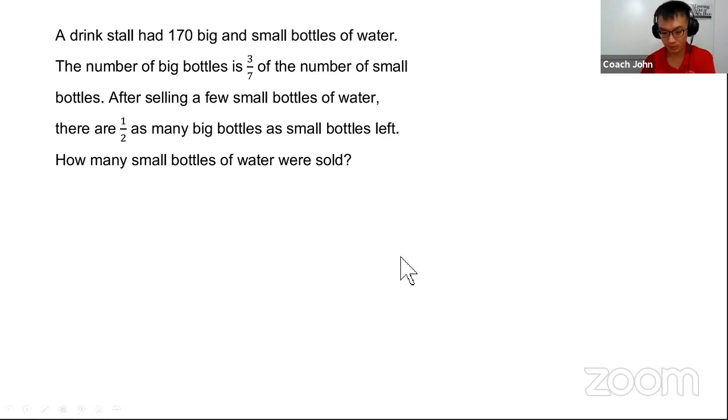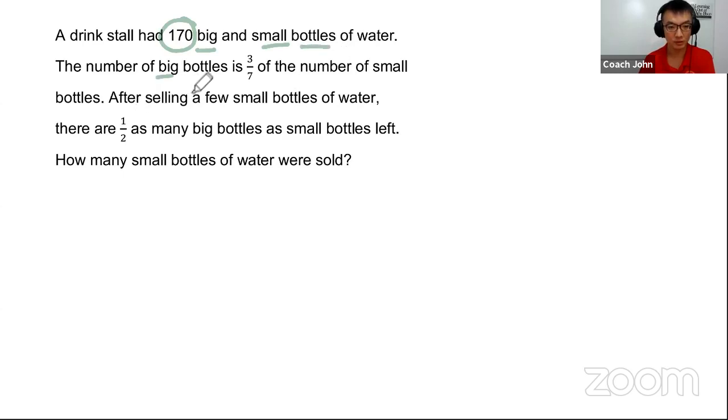As this video is for the upper primary, we are going to use ratio to solve this. Whenever you start to solve such a question, make sure that you underline the keywords. So you have 170 big and small bottles.